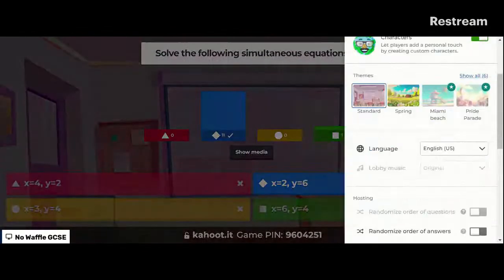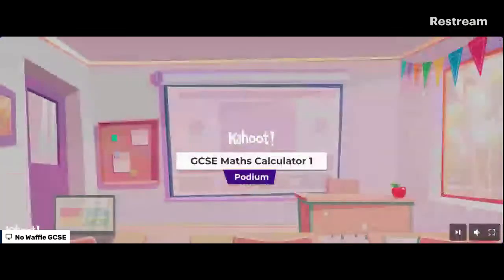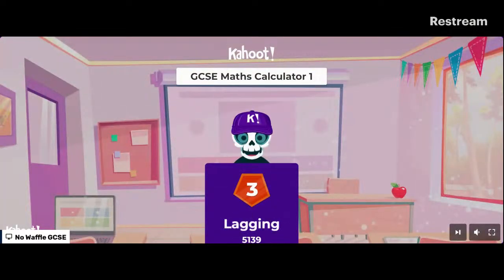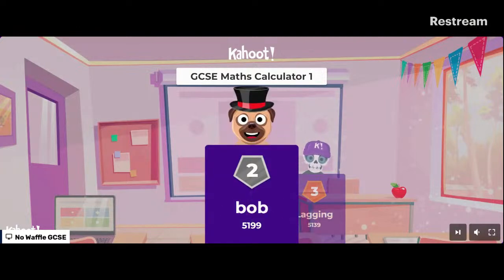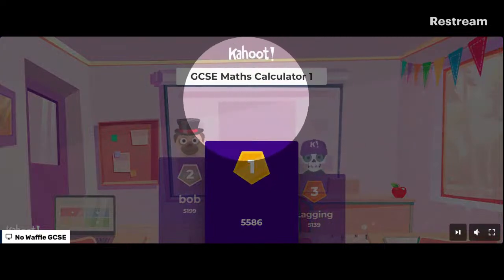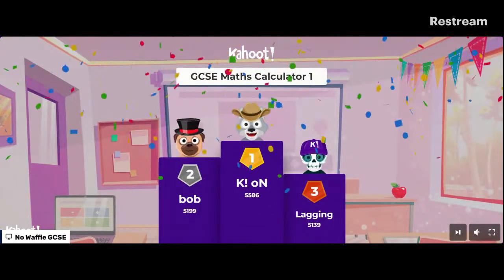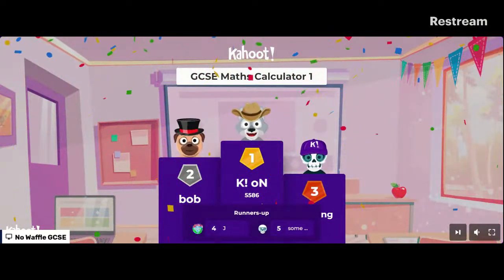For this game, which I've lost track of which numbered game this is, you've got third place, Lagging. Second place, Bob. And first place, K exclamation mark, and then runners up J and some, and then I can't read the rest of that.